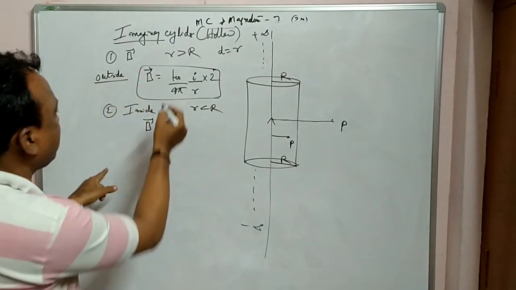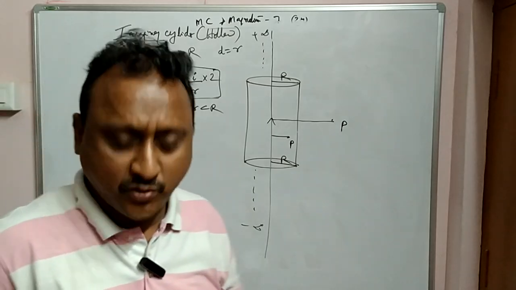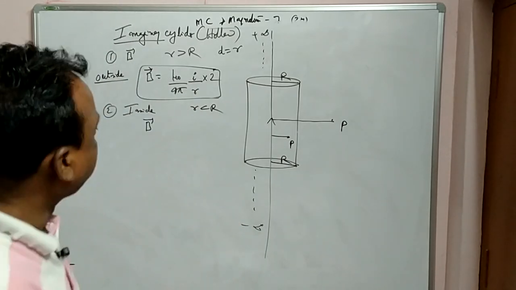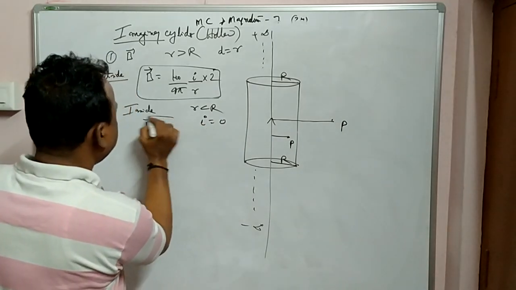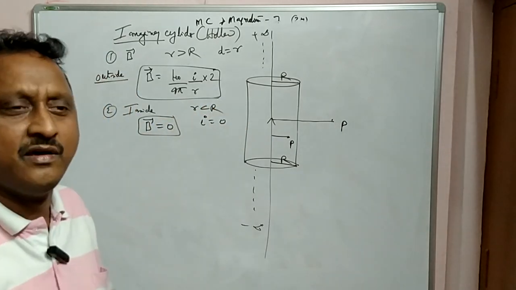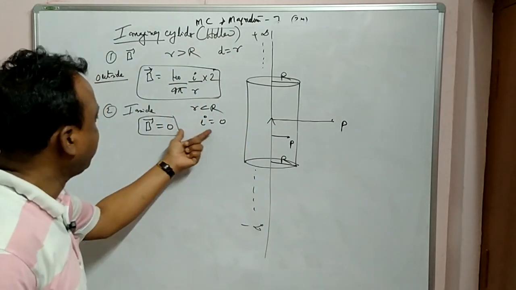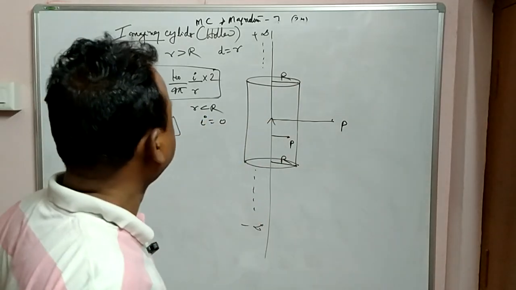Even if you put this formula, mu naught by 4 pi into I by R into 2, the current is 0. So B is equal to 0, since I is equal to 0, because it is an imaginary hollow cylinder. There is no current inside the hollow. The only current is on the surface.